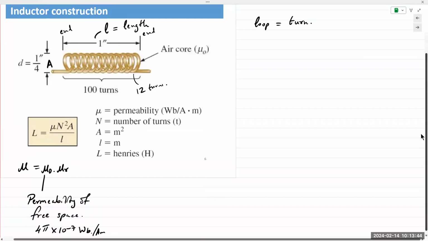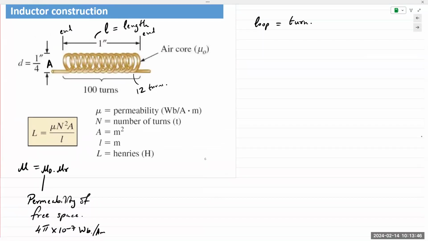Now you can have all of this in your equation sheet, so you don't have to memorize any of this. And mu r is the relative permeability of the core material. The center of that loop is known as the core of that inductor. If there is nothing present inside that center, then it's an air core inductor.